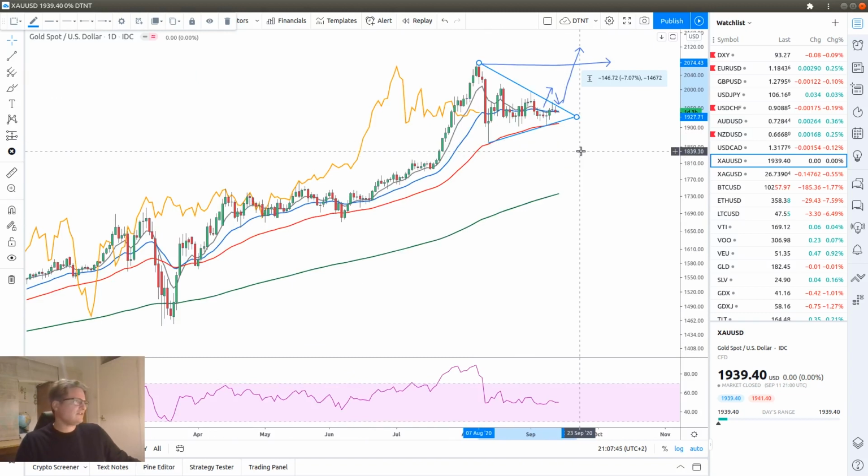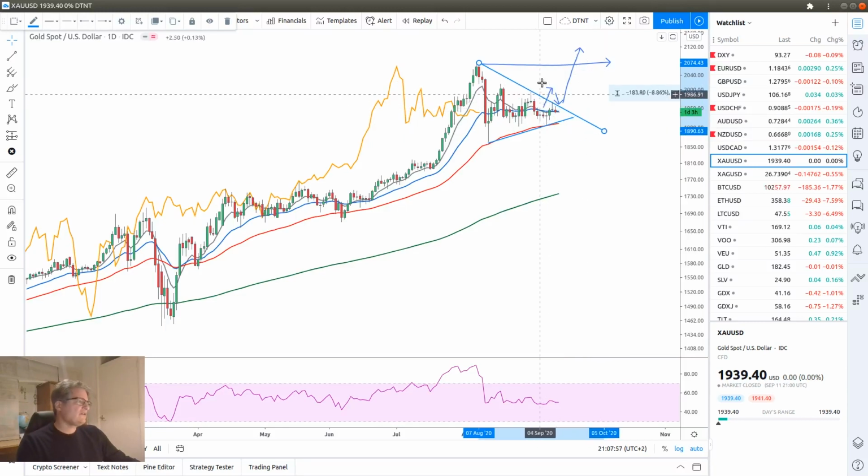My guess is, or I see a higher probability for a breakout to the upside that I've drawn in here. So if we break out from here, then we could see a retest here and then go higher.